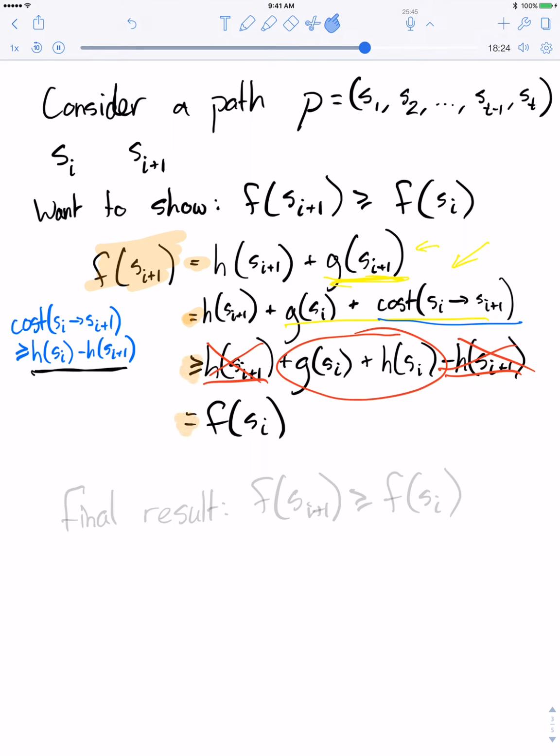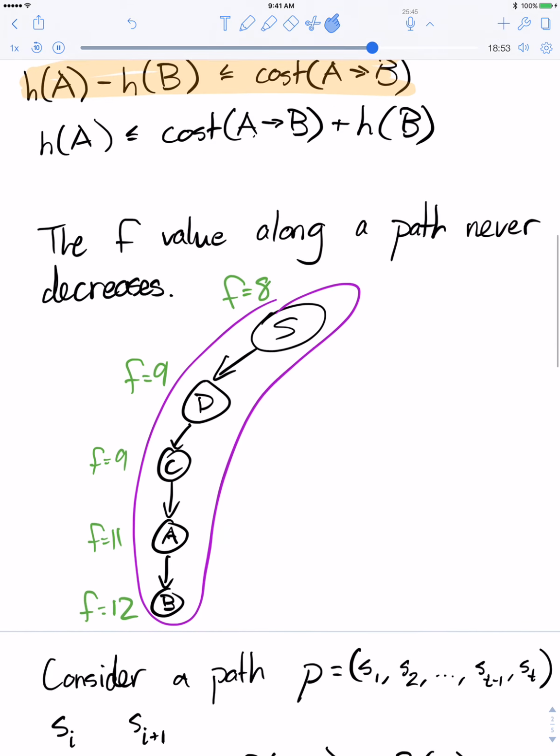So, as a final result, F of Si plus 1 is greater than or equal to F of Si. So, we now have, according to this proof, that the property right here, F value along a path never decreases, is true. What does this mean for us?